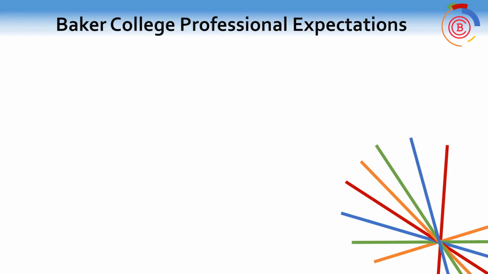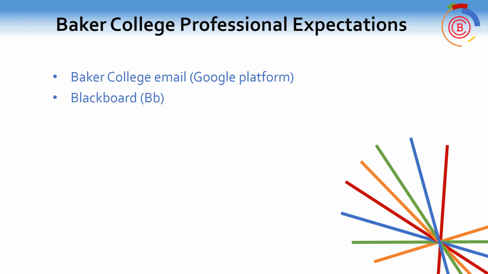The Baker College Professional Expectations document provides guidelines for expectations. You must use your Baker email for all student and college email communications, not your personal email account. Blackboard usage. There are several required components. Course readiness checklists. This must be completed 10 days prior to the start of the semester.